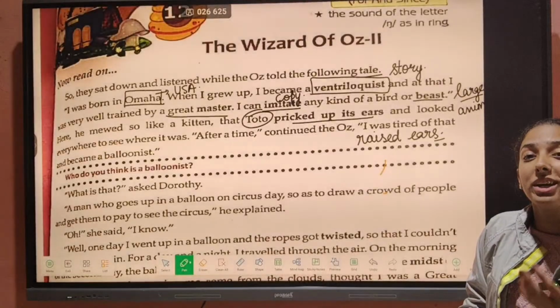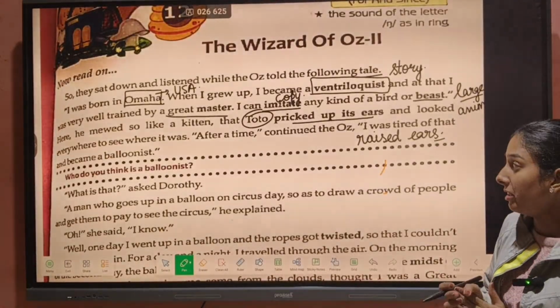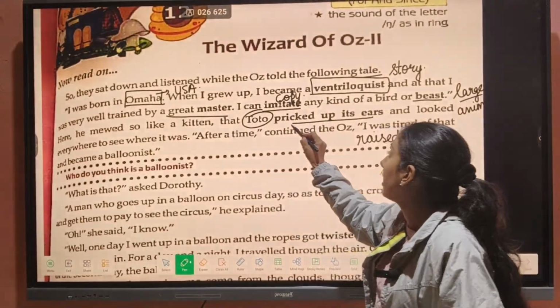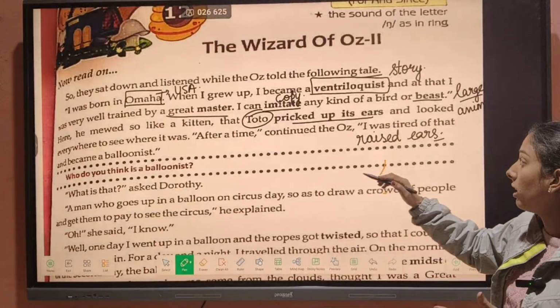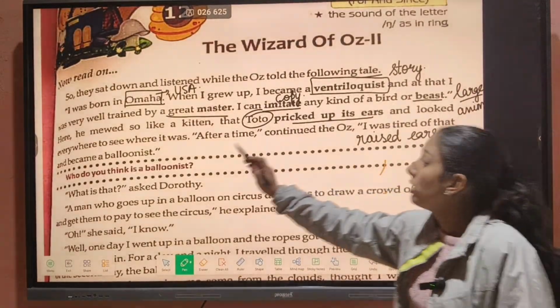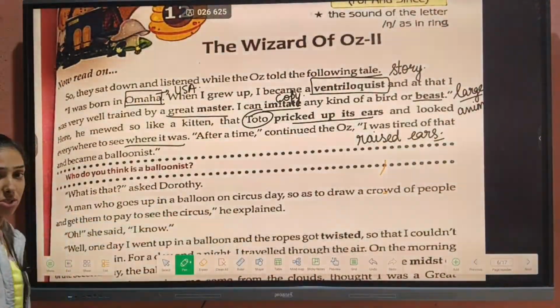Now he was showing his skills, that he was taking out sound of a kitten. Okay, he was taking out sound of the kitten, and Toto was thinking from where the voice is coming, and looked everywhere to see where it was.